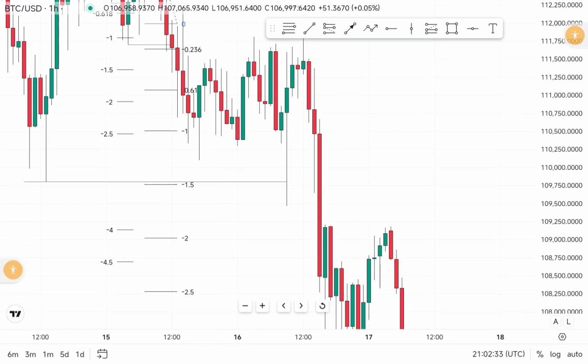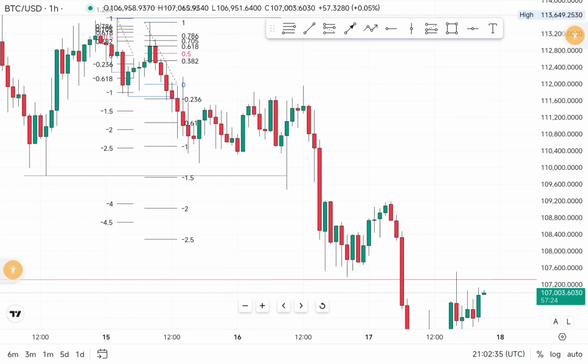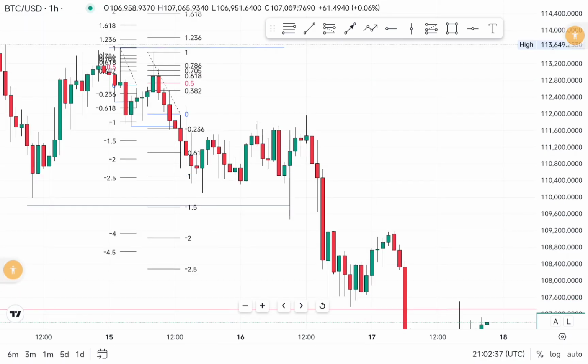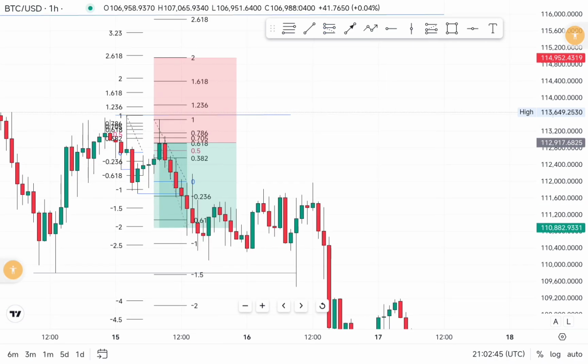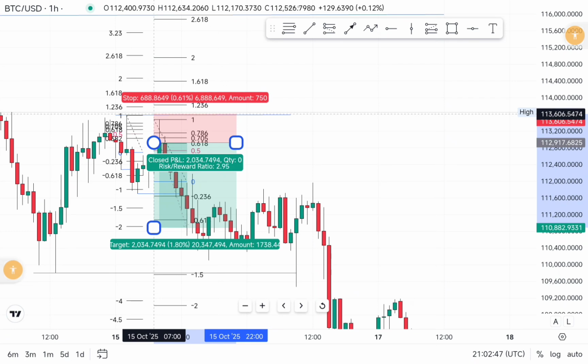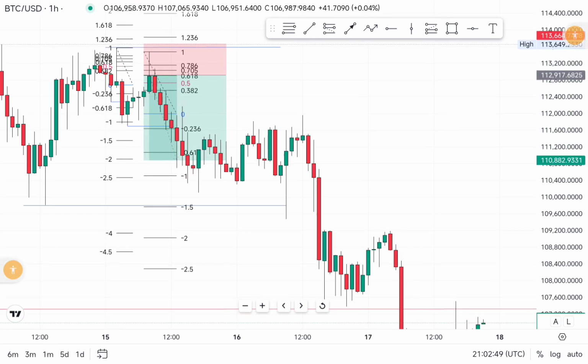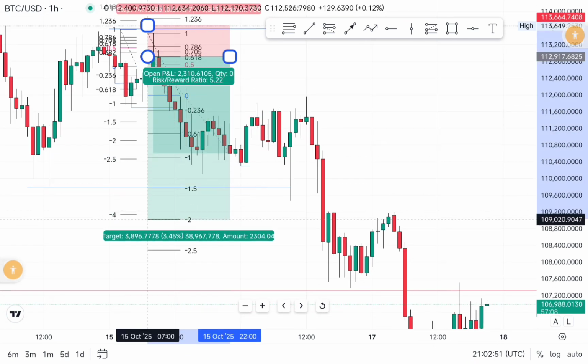So you can see the extension, how price has moved to -2.5 and -2 region, which correspond to the extension of the initial break of structure, which is -4 and -4.5.